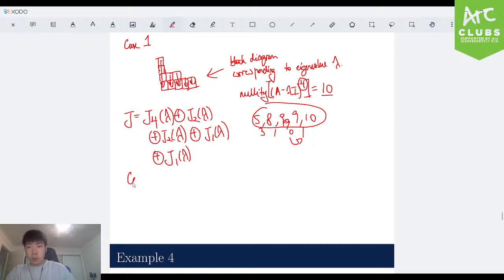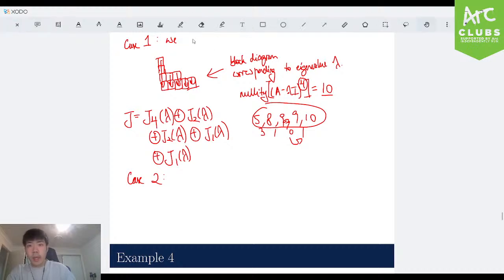Now let's think about case 2. So case 1, we assume that we can find the 10th nullity in the same eigenvalue lambda.